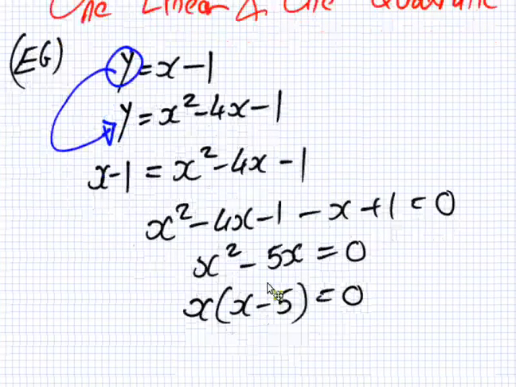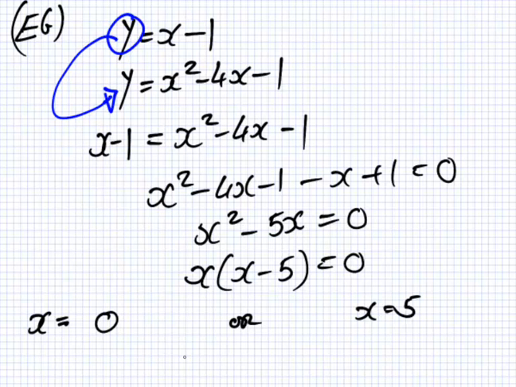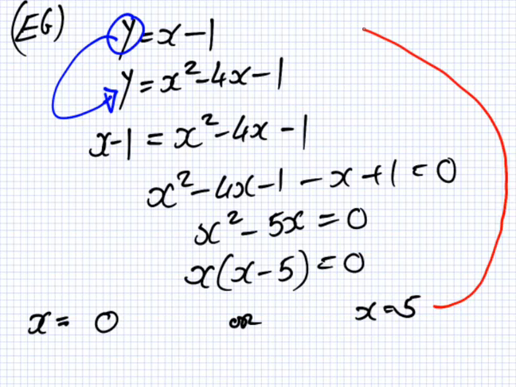y equals x minus 1 and y equals x squared minus 4x minus 1. So what's nice here is that this is already in y and this is already in y. So we could use any one. I'm going to use this one here and put the value for y in here.